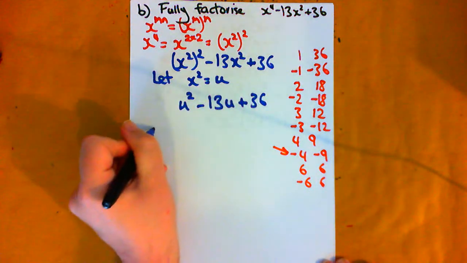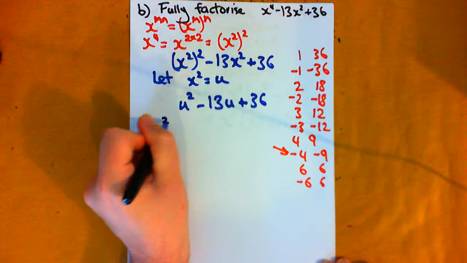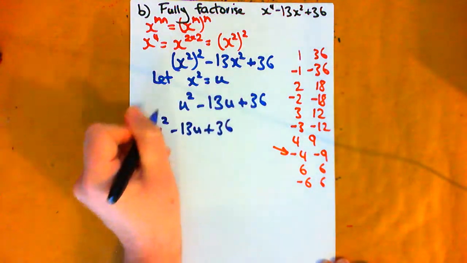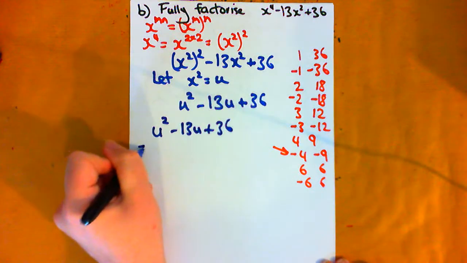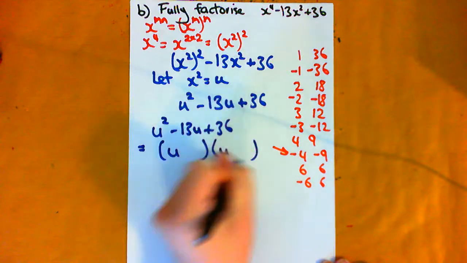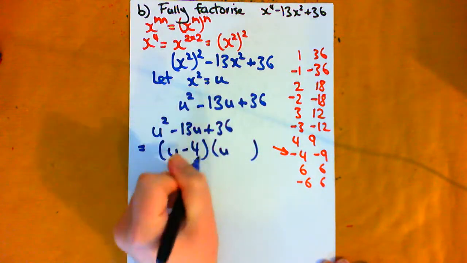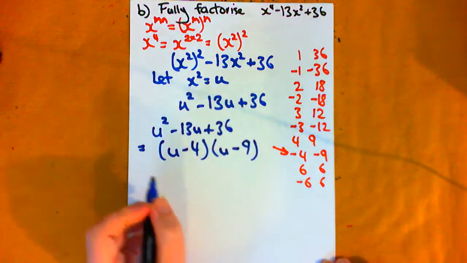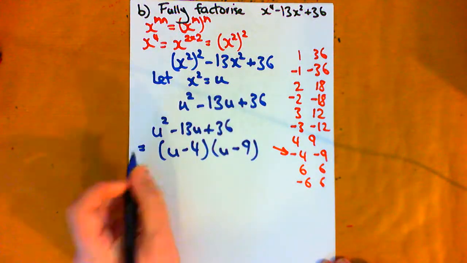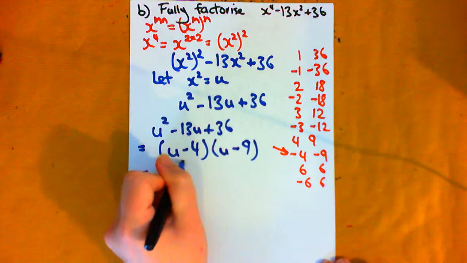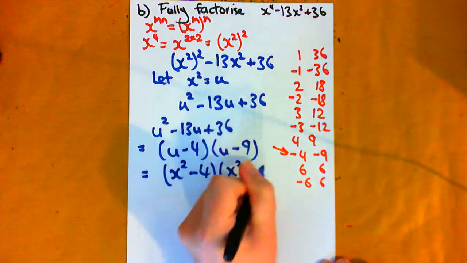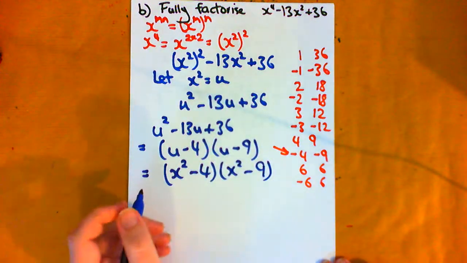So we've got u squared minus 13u plus 36, which is going to be equal to, if we factorise, we have a u in each bracket. So this is going to be u minus 4, u minus 9. And what was u? u was x squared. So u is going to be x squared, and u is going to be x squared in the other bracket as well.